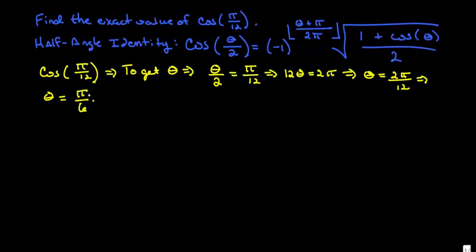So in other words, if you take pi over 6 and divide it by 2, you'll get pi over 12. So that's going to be my theta.